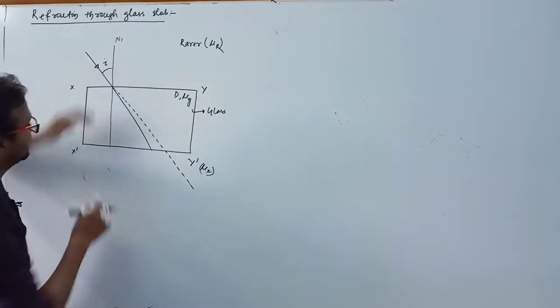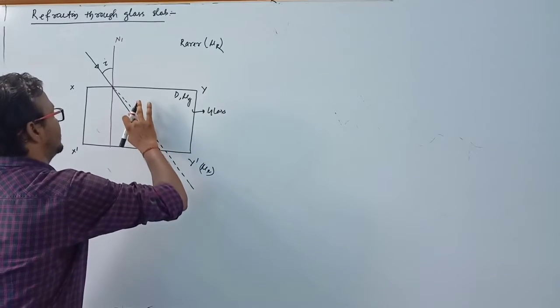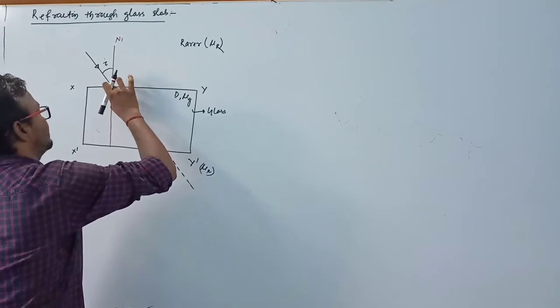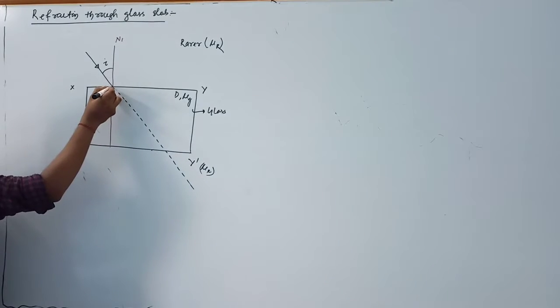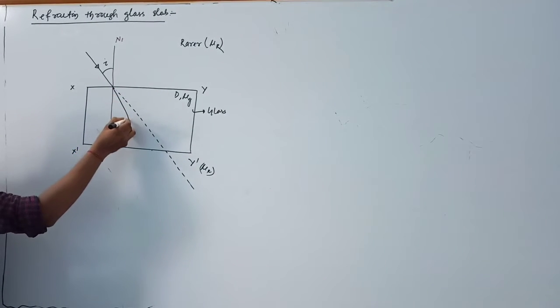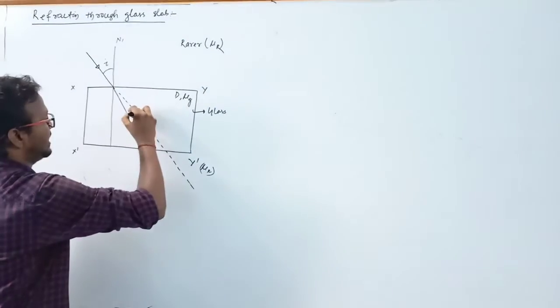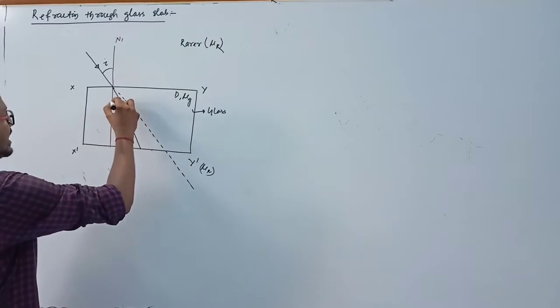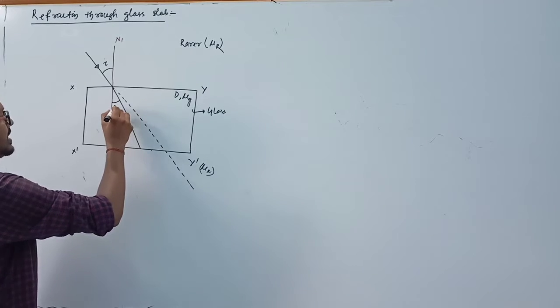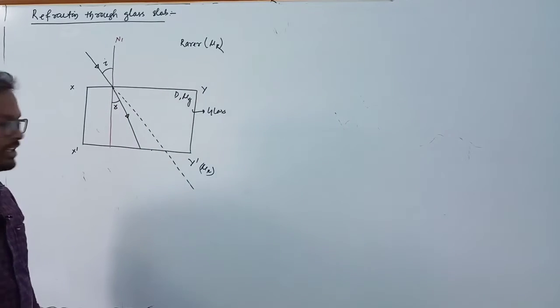Clear? We can write here, like this direction. This is the refracted ray, and this angle is known as angle of refraction, that is R.